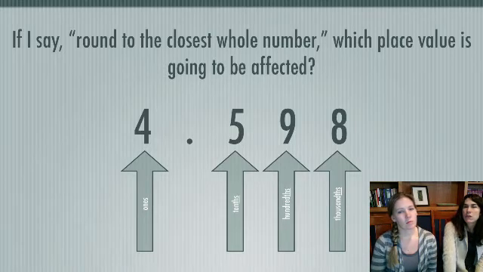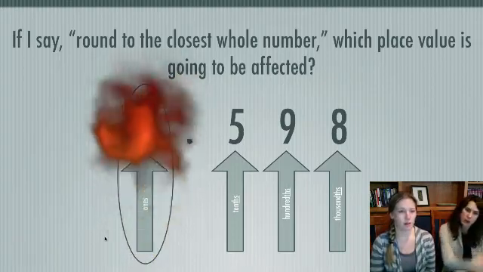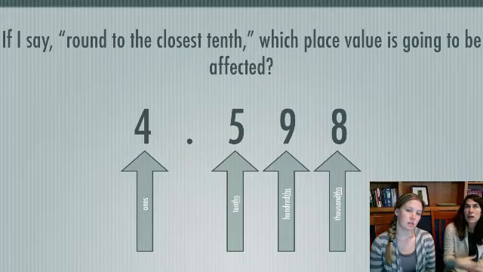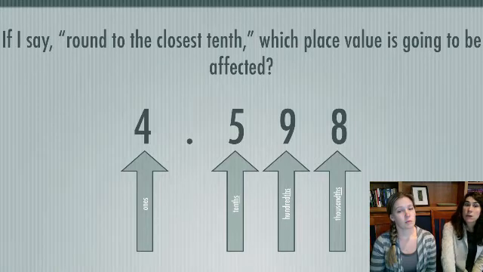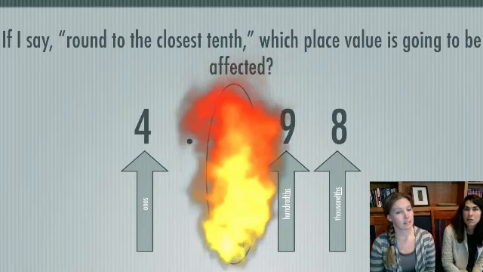Hopefully you're thinking the ones, anything before the decimal. And if I say we need to round to the closest tenth, which place value is going to be affected? Well, it is going to be the tenths place value.